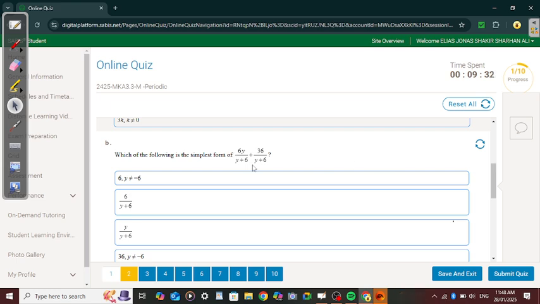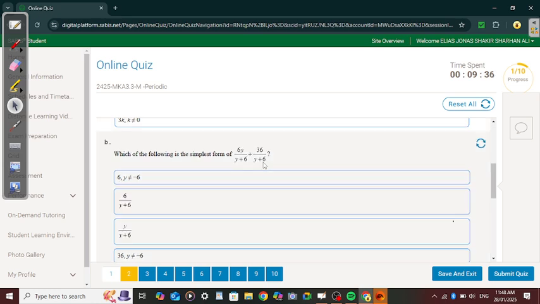6y over y plus 6 plus 36 over y plus 6. Both fractions have the same denominator, so we could just add up the numerators. That would be 6y plus 36. And now we need to find the greatest common factor to simplify it. So 6y could be split up into 3 multiplied by 2 multiplied by y.